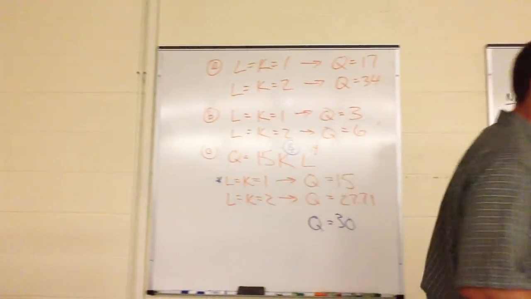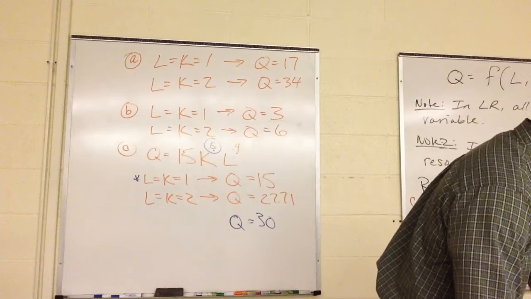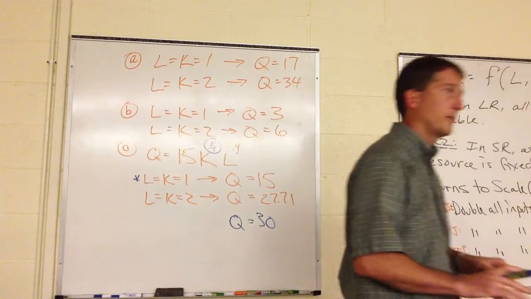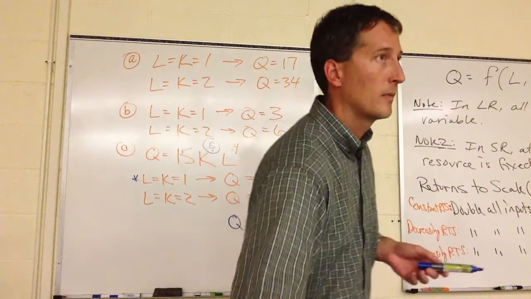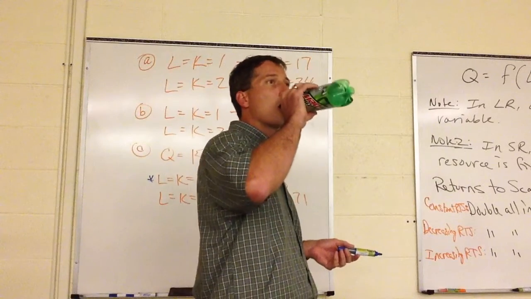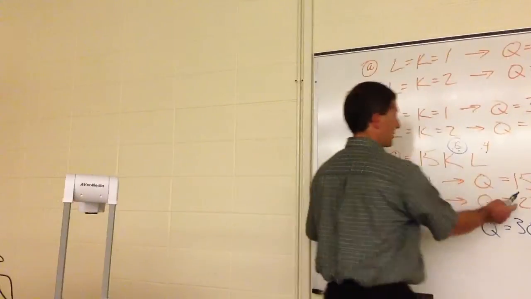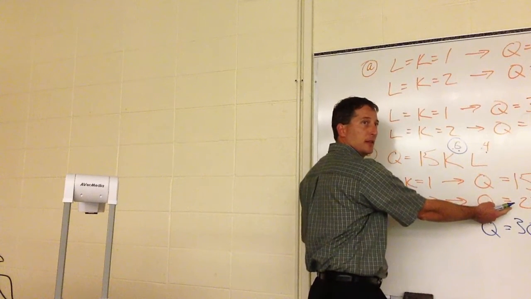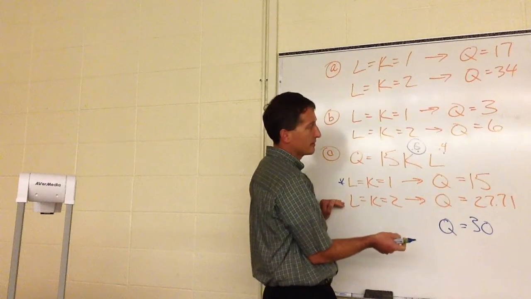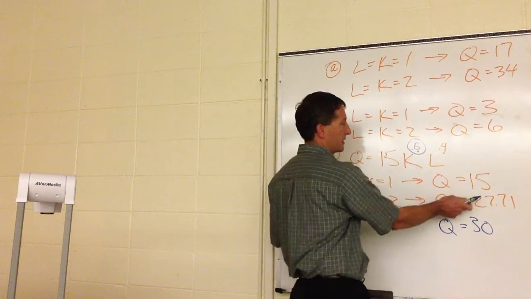Yeah? So you said if the exponents are greater than 1, then it's increasing returns? Yes. So for C, we have 0.5 and 0.4, that's less than 1, so we get decreasing returns. Oh, okay. Maybe I heard you wrong. Sorry, I thought you said decreasing.